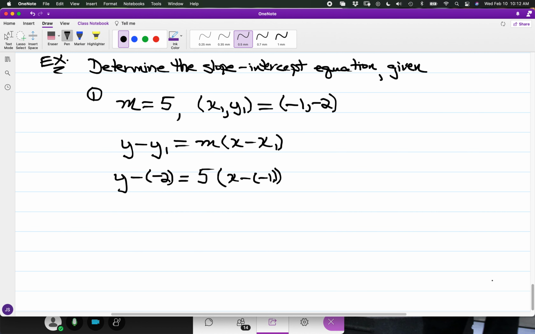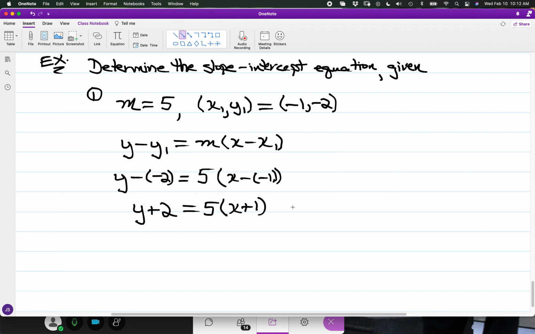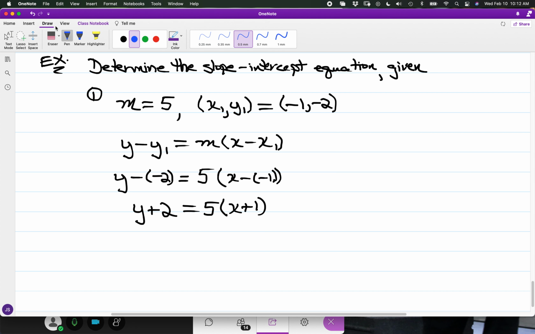Cleaning up the subtraction of negatives, we have y plus 2 is equal to 5 times the quantity of x plus 1. So what I have right now in this formation is the point-slope equation.